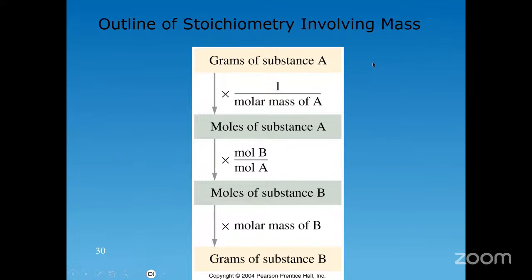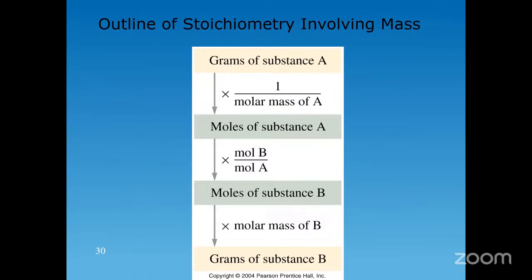So this here that I have on the screen is basically an outline of how you go about solving a typical stoichiometric problem where masses are involved. Now, the problem that we just looked at, we're going from mole to mole, right? One step, no problem, because the mole ratio gives you that relationship between two substances.